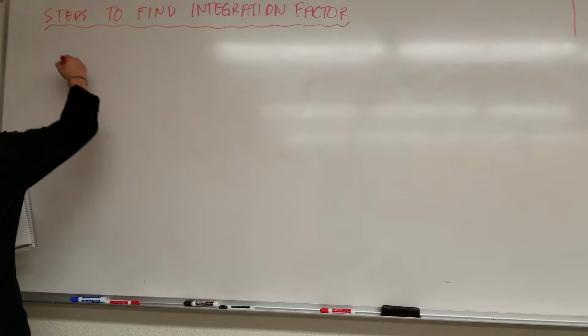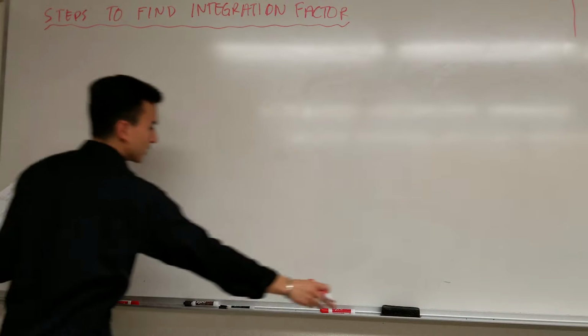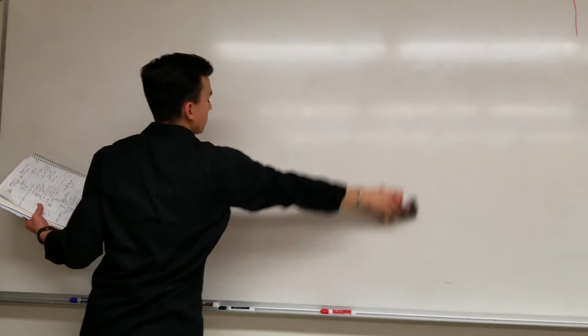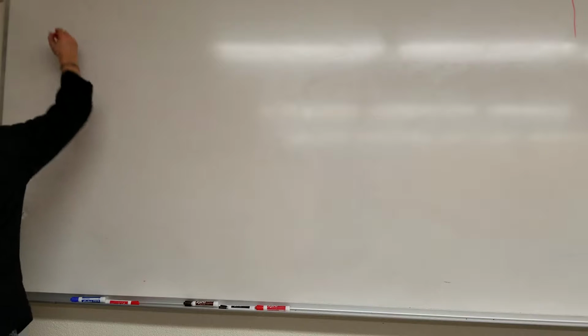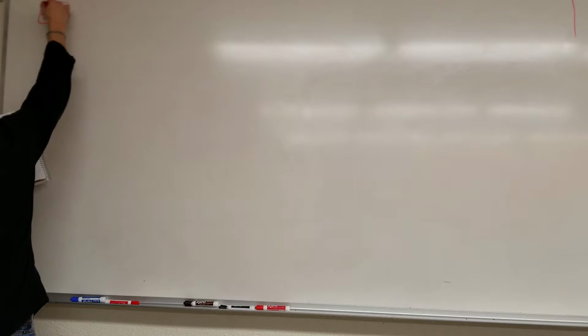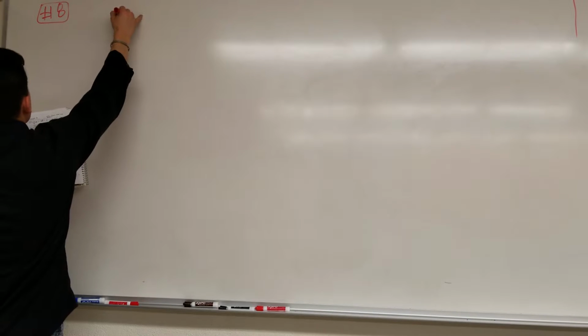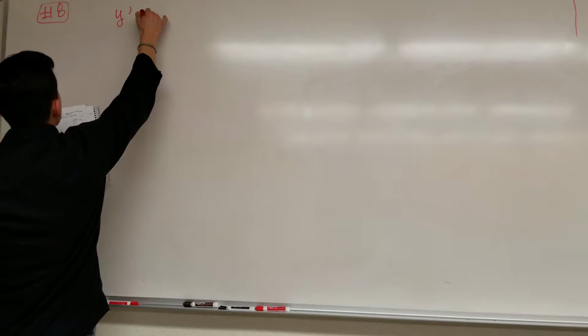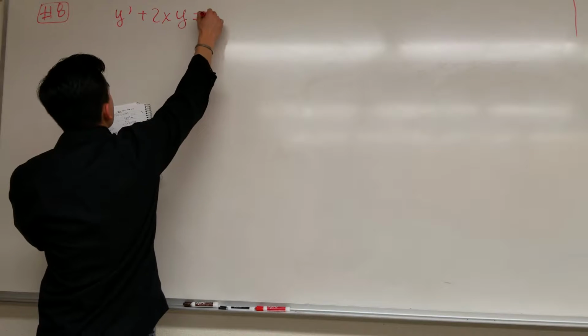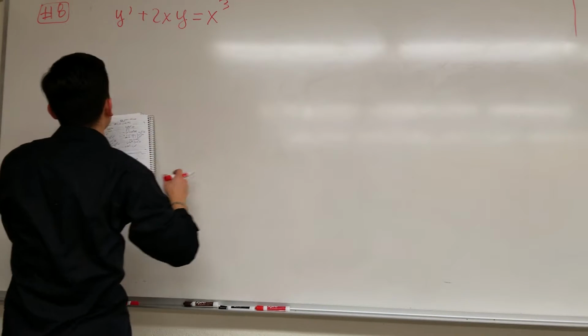Okay, so this is no longer steps. Now we're doing problem number 8, which is y prime plus 2x times y is equal to x cubed.